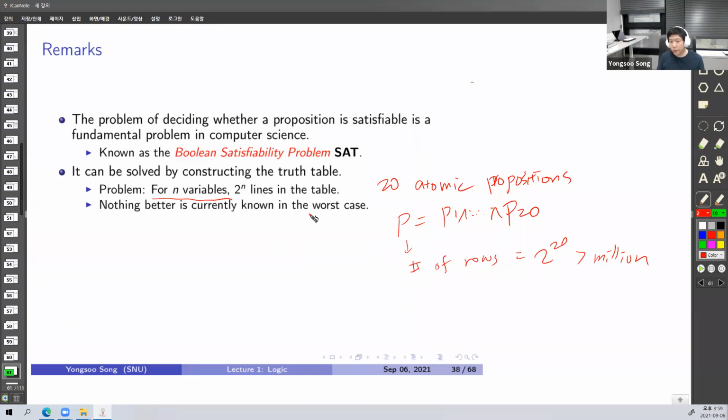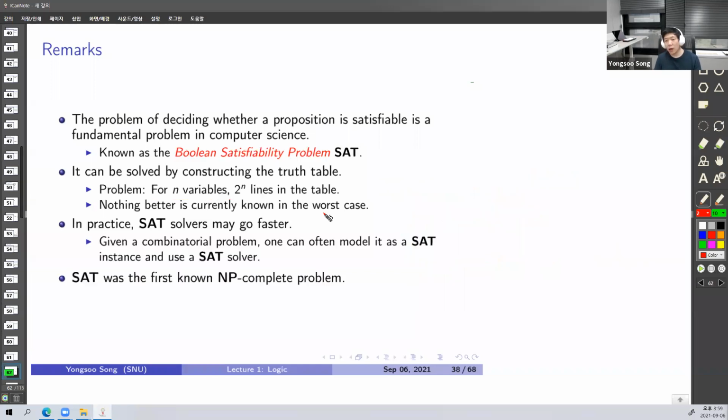The problem is, unfortunately, there's no known efficient algorithm solving the SAT problem. So the complexity of the SAT problem is 2 to the n in the worst case. But fortunately, in practice, this problem can be solved very quickly. I mean, not always, but mostly.